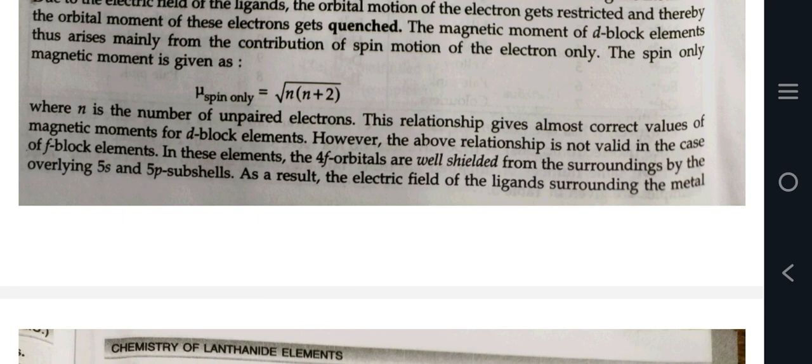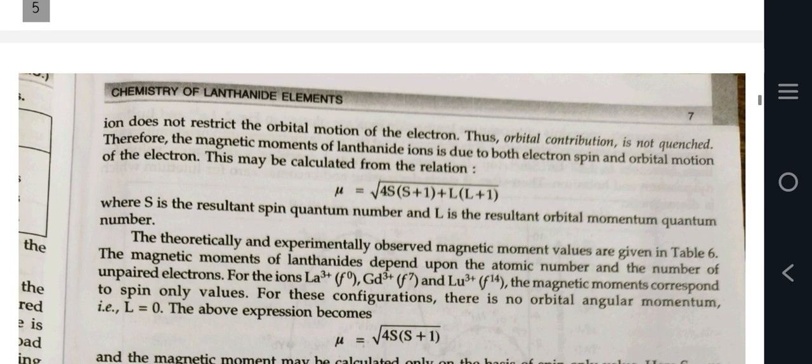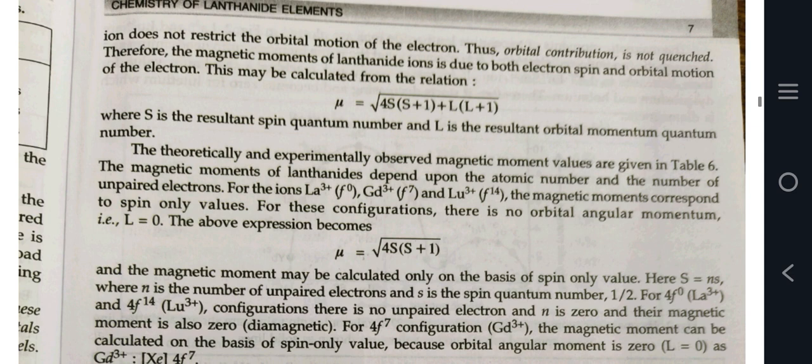However, the above relationship is not valid in the case of f block elements. In these elements, the 4f orbitals are well shielded from the surroundings by the overlying 5s and 5p subshells. As a result, the electric field of the ligand surrounding the metal ion does not restrict the orbital motion of the electron. Thus, the orbital contribution is not quenched.